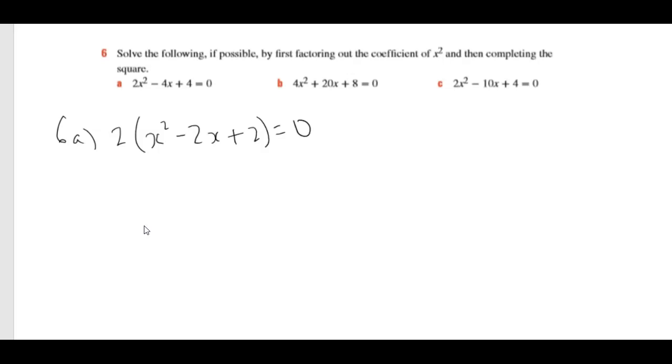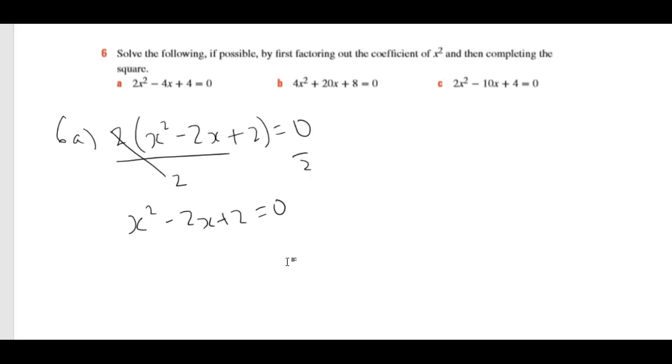This 2 doesn't affect your solutions. And if you wanted to, you can say, if I divided both sides by 2, that disappears anyway. So that coefficient makes no difference, which is nice. So then we're just dealing with x squared minus 2x plus 2.